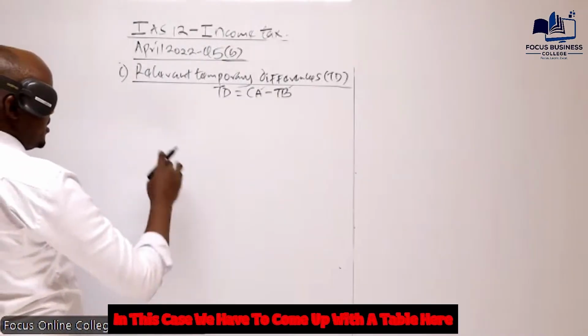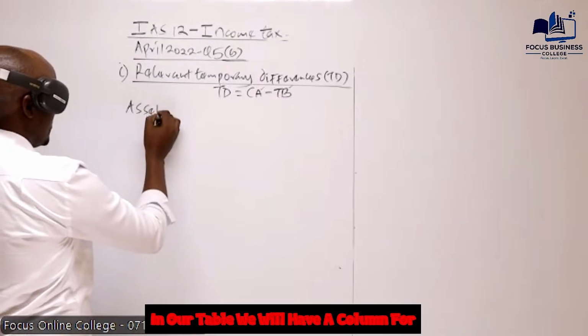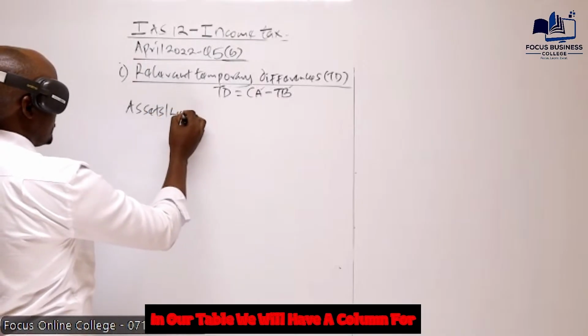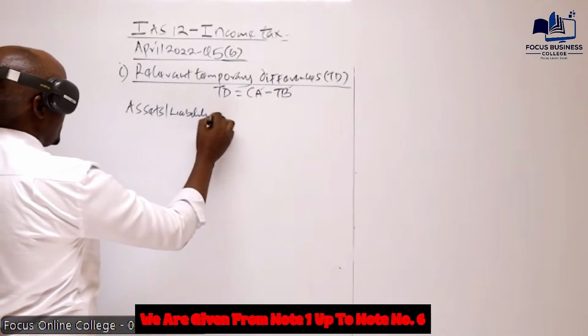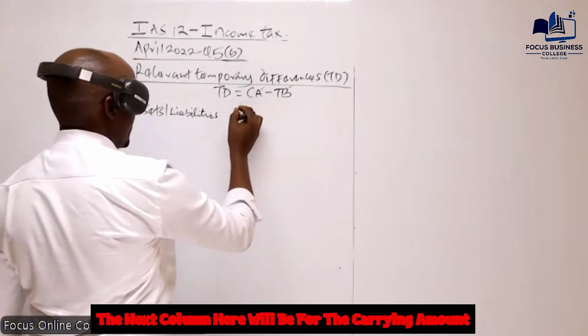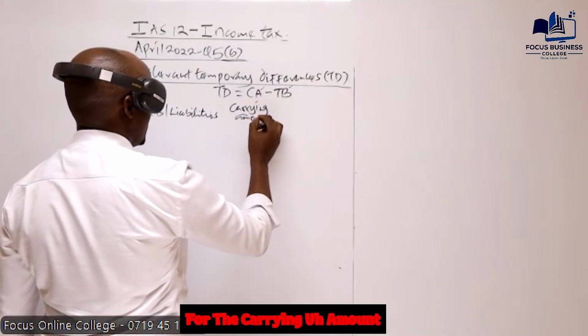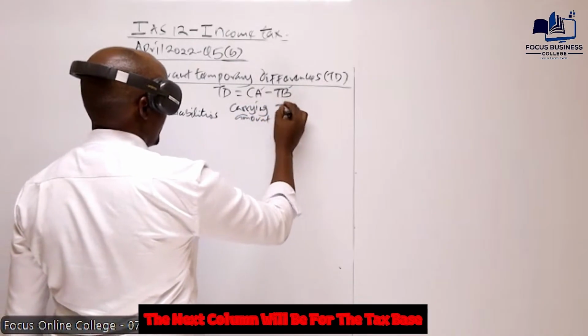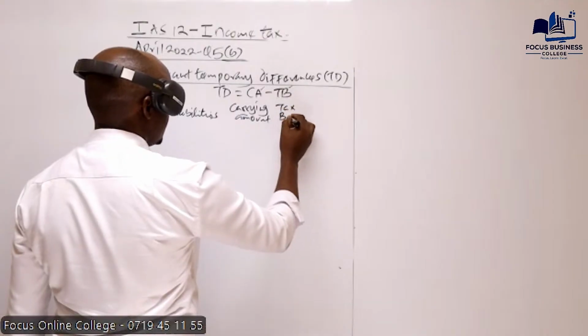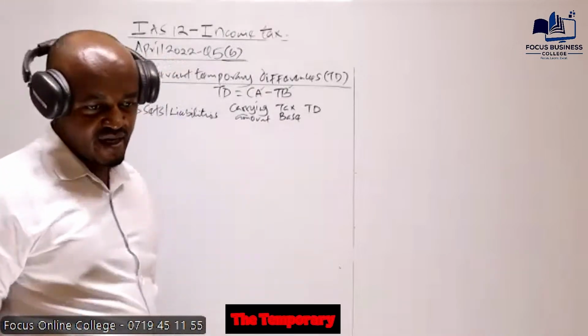So in this case, we have to come up with a table here. In our table, we will have a column for the assets or liabilities we are given from note 1 up to note number 6. The next column will be for the carrying amount. The next column will be for the tax base. And the last column will be for the TD, the temporary difference.